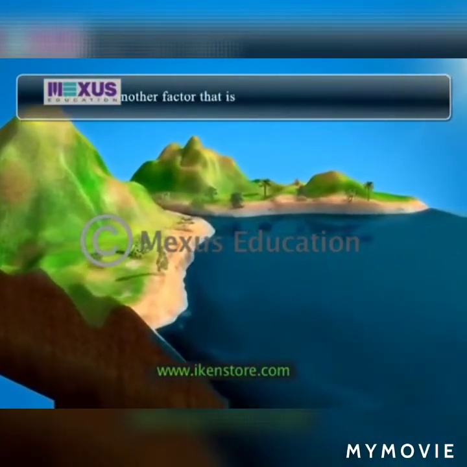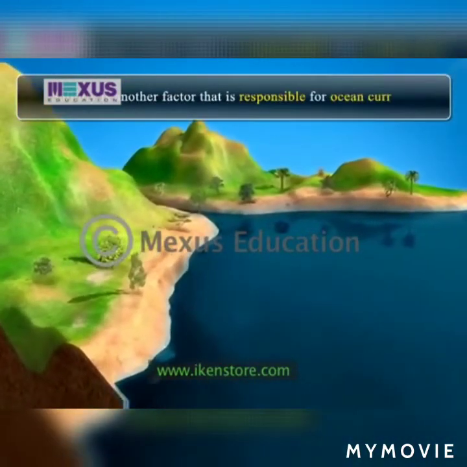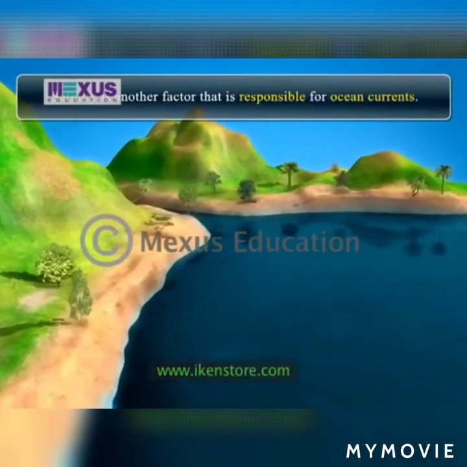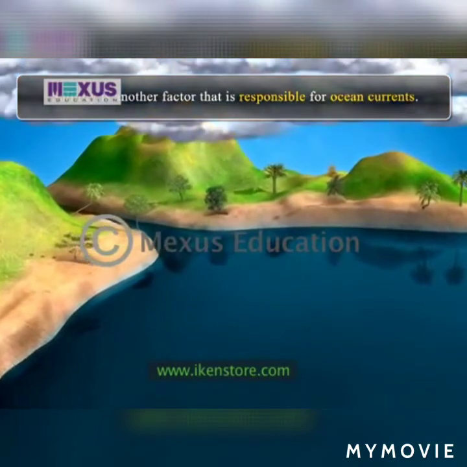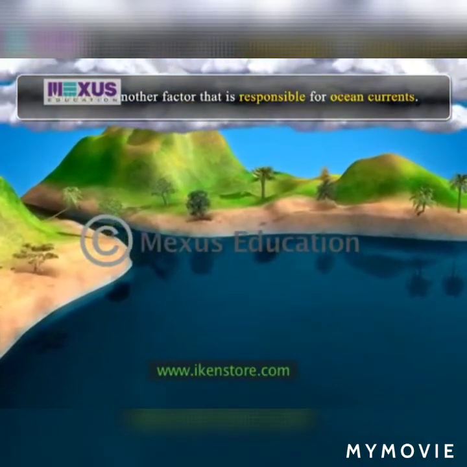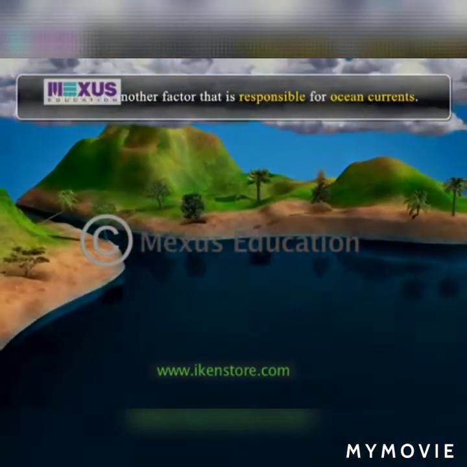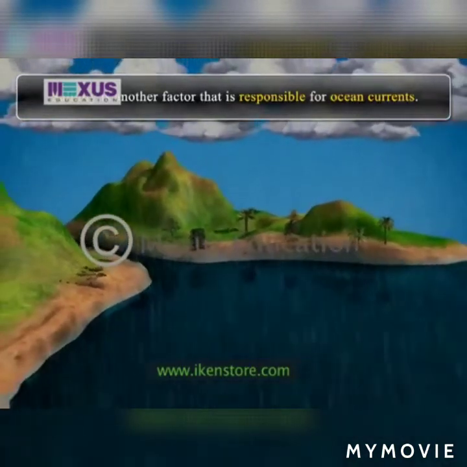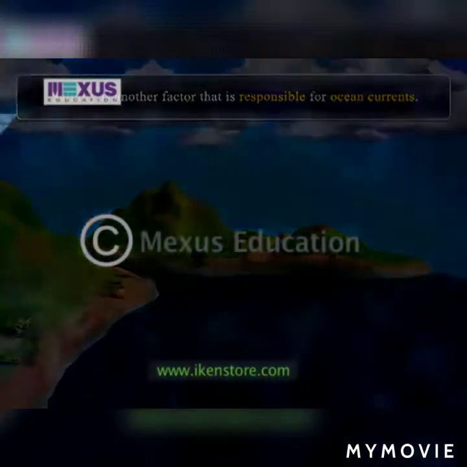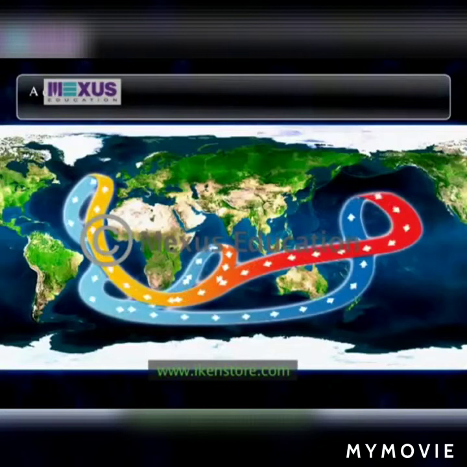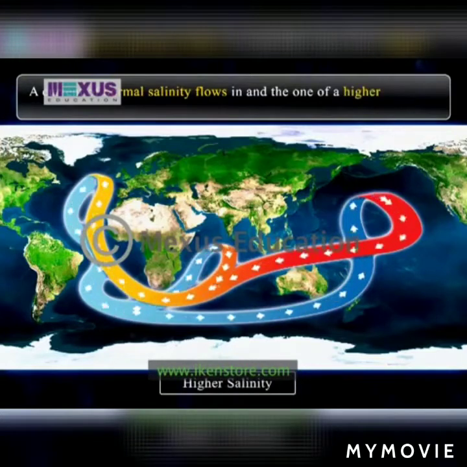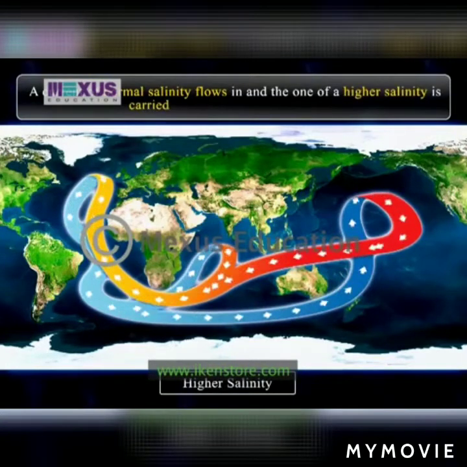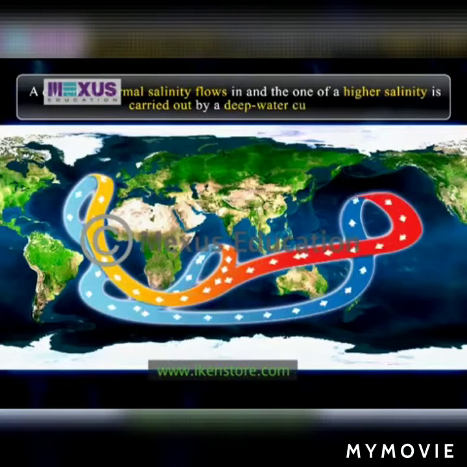Another factor that is responsible for ocean currents is salinity, affected by the inflow of fresh water from rivers, melting ice, and rainfall, as well as evaporation. A current of normal salinity flows in, and the one of a higher salinity is carried out by a deeper water current.